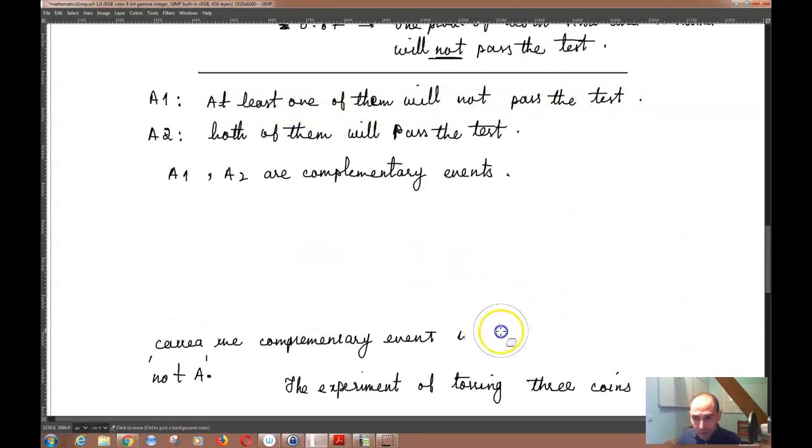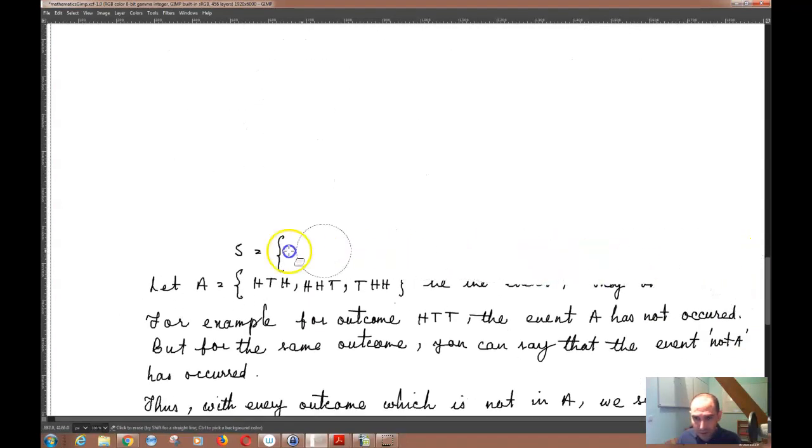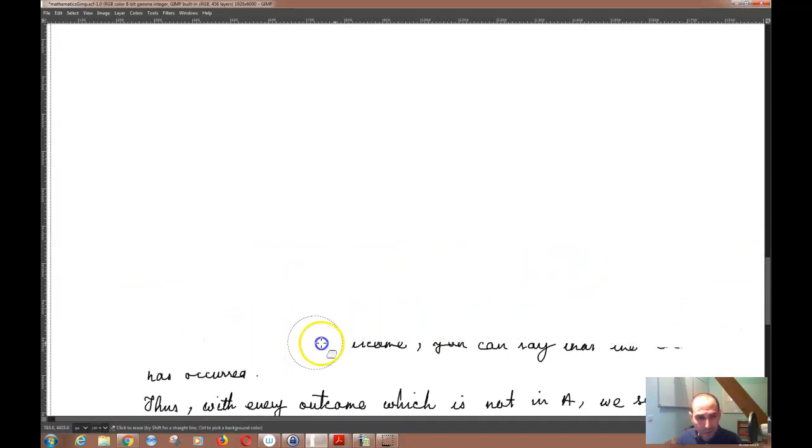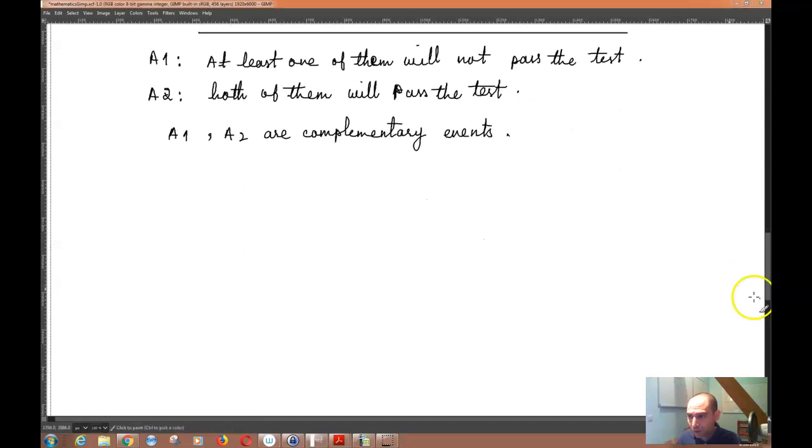If at least one of them will not pass the test, that means there is at least one outcome in S that will result in one of the students not passing the test.